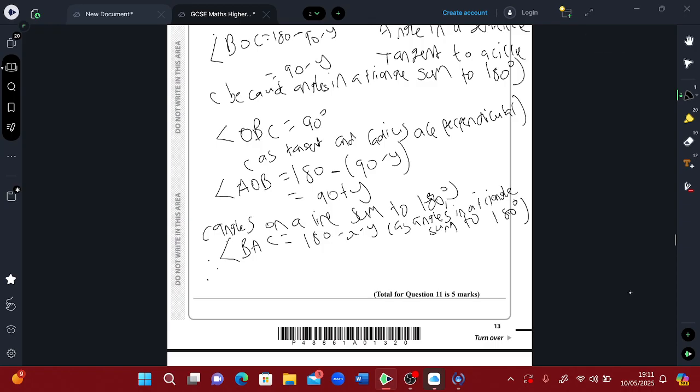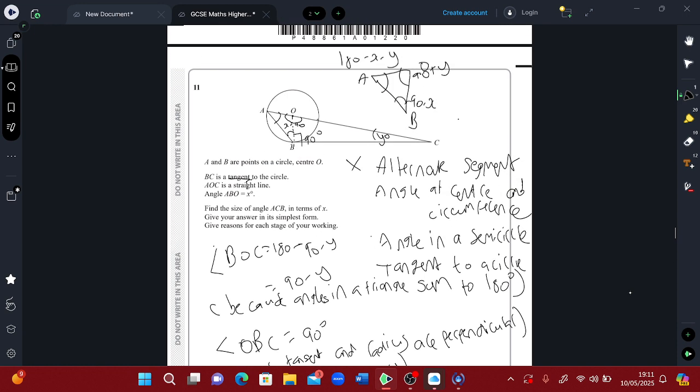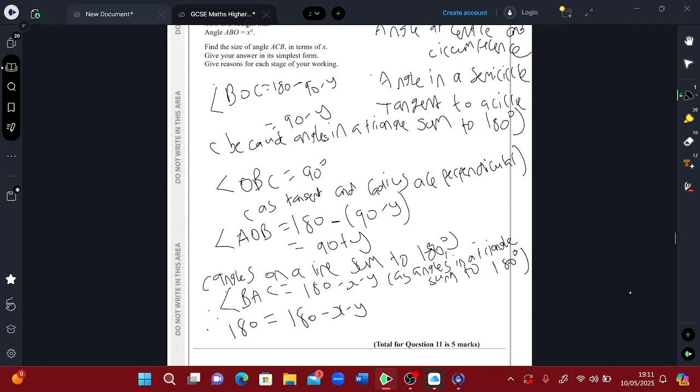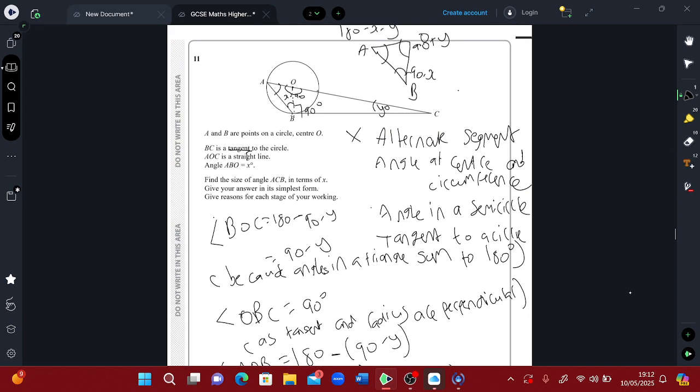Therefore, we know that 180 has to equal 180 minus x minus y, that's BAC, plus this angle here, AOB, which we worked out to be 90 plus y, plus this angle here, x minus 90, ABO.